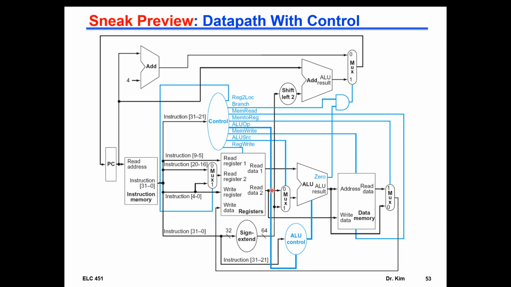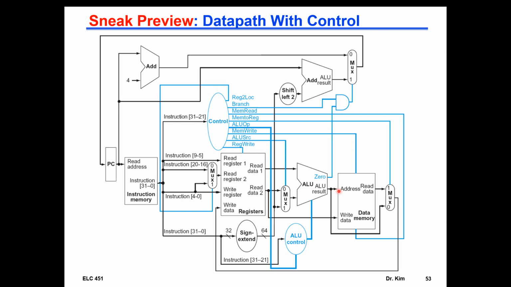Again, the controller knows how to steer the data through muxes. But sometimes what comes out of the ALU is the content of the register plus some immediate value, because we are doing a load or a store, so we get an address.